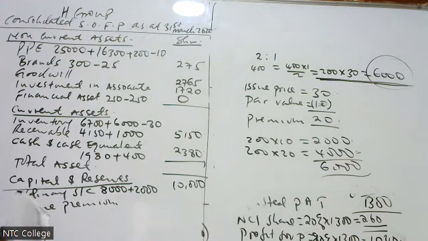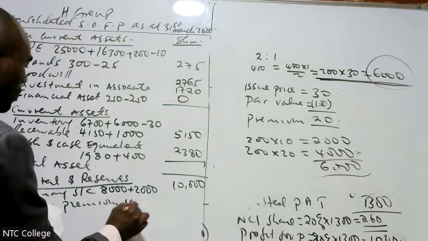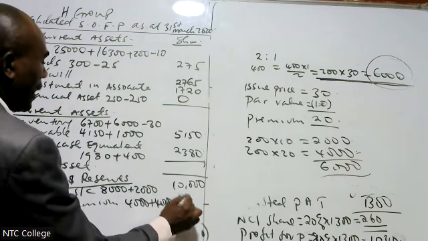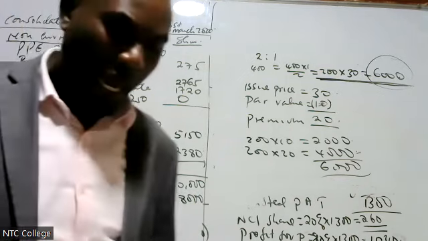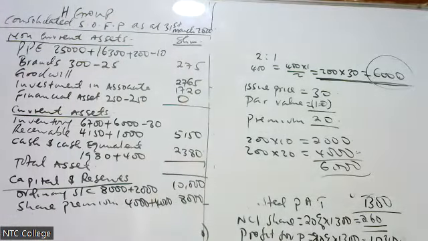Issue of shares, 10,000. For the share premium, I'm taking 4,000 plus 4,000, I get 8. Why are we adding? Because the examiner said that we had not accounted for the issue of shares. Therefore, I am just accounting for that. We have accounted for the issue of shares.